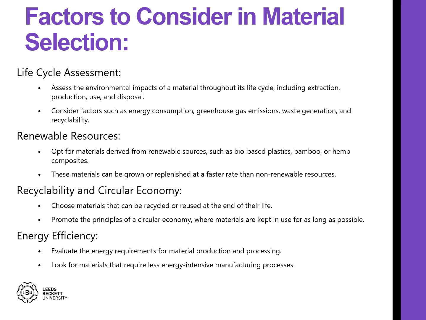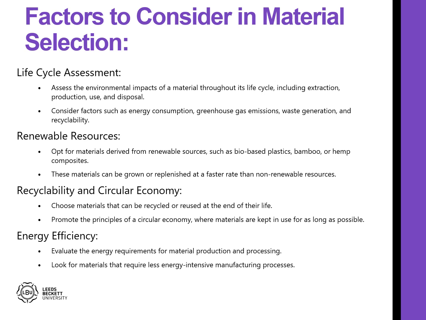So you need to look at both ends, the full life cycle. Consider factors such as energy consumption, greenhouse gas emissions, waste generation, and recycling. So we're looking at renewable sources, often materials that derive from renewable sources such as bio-based plastics, bamboo or hemp composites. These materials can be grown or replenished at a faster rate than non-renewable resources.